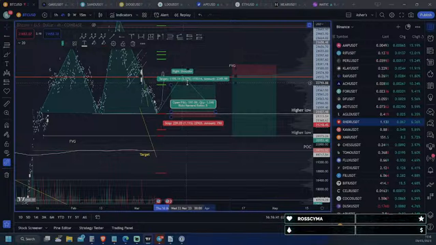I'm usually a better trader on Bitcoin than I am on altcoins. Altcoins are always a little bit more volatile and a little bit more difficult to determine. But as a rule of thumb, when Bitcoin is looking bullish, you can start looking for altcoins, and usually those plans will work out better.